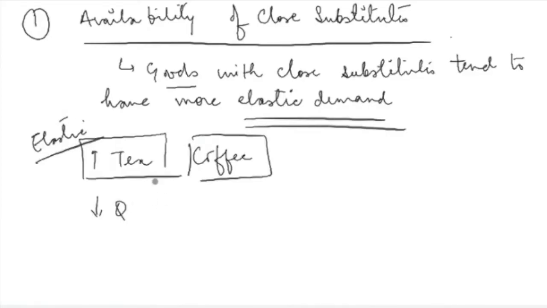ये possible तभी है जब उस consumer के पास कोई एक दूसरा option हो to substitute for the same commodity. Suppose this was not present and the individual had to consume some hot beverage, and suppose coffee was not present, coffee did not exist, then even if the price of tea is increasing, there is a lesser chance कि quantity बहुत ज़्यादा decrease होगी.